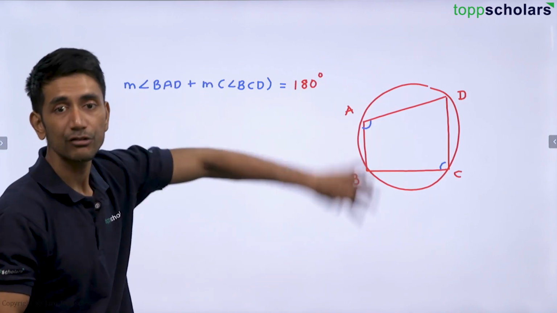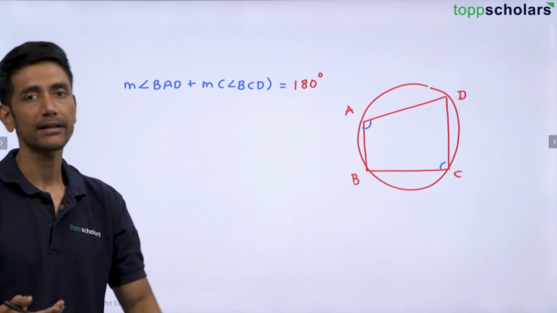Now what is the sum of all angles of a quadrilateral? We know that the sum of all angles of a quadrilateral is 360 degrees.